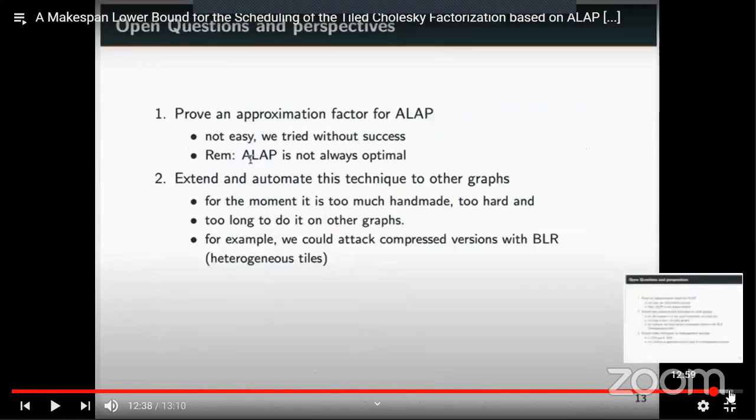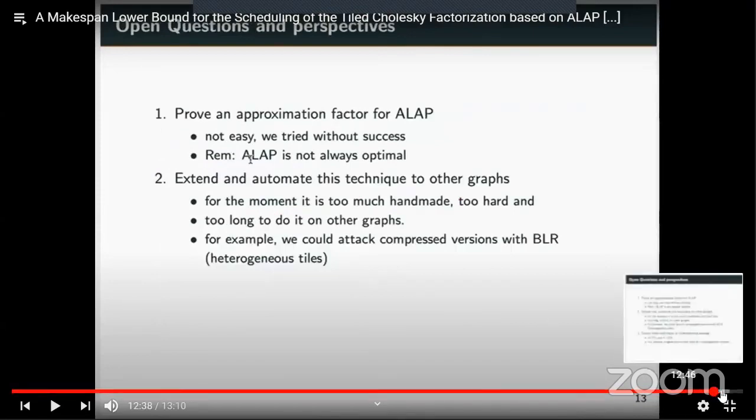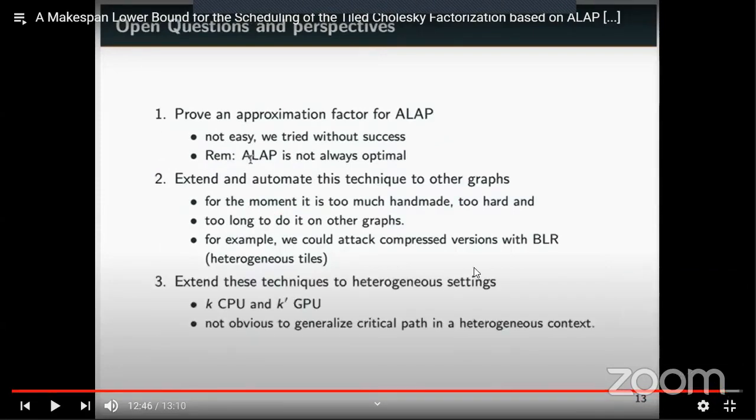Bullet number 2, extend and automate this technique to other graphs. Right now, the technique is working, but we have done all the computation by hand, and it has been extremely painful. We hope that, for example, if we use some technique from polyhedral compilers, we can do everything automatically. So that's work in progress.